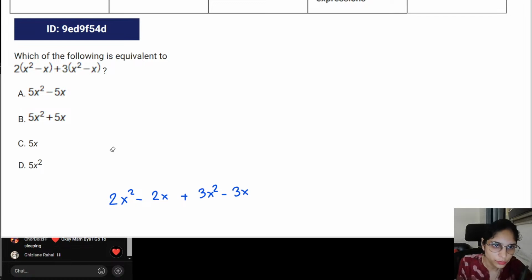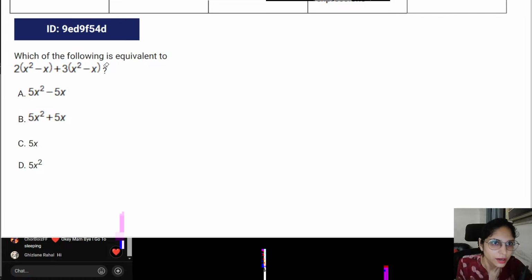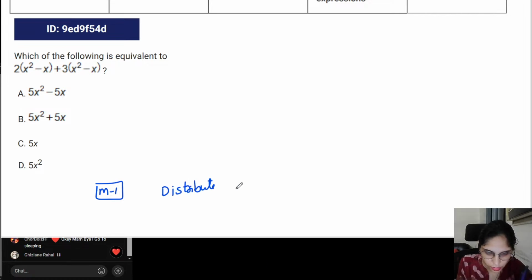Oh, there is one more way of doing this. This is our method 1 that you're distributing. And combine like terms. I'll also tell you the second method, which is easier method.